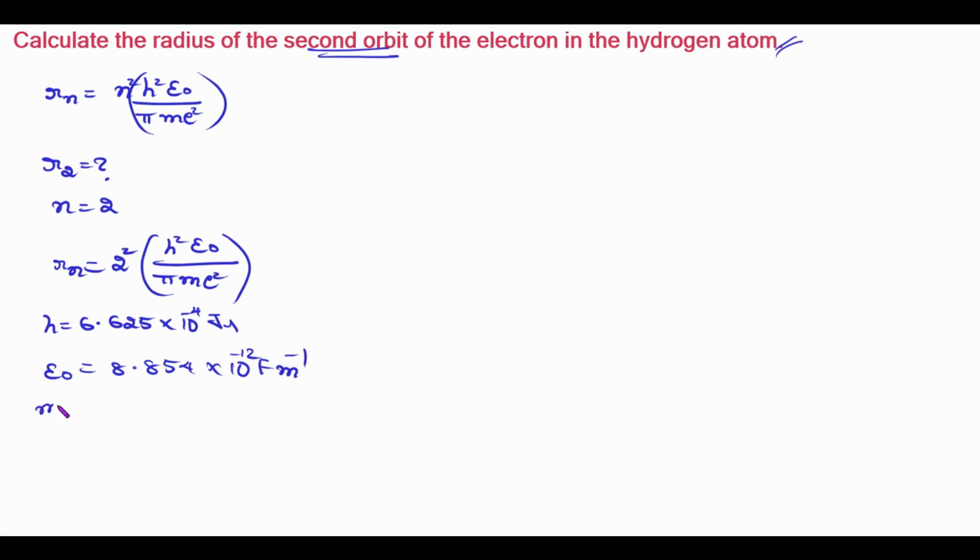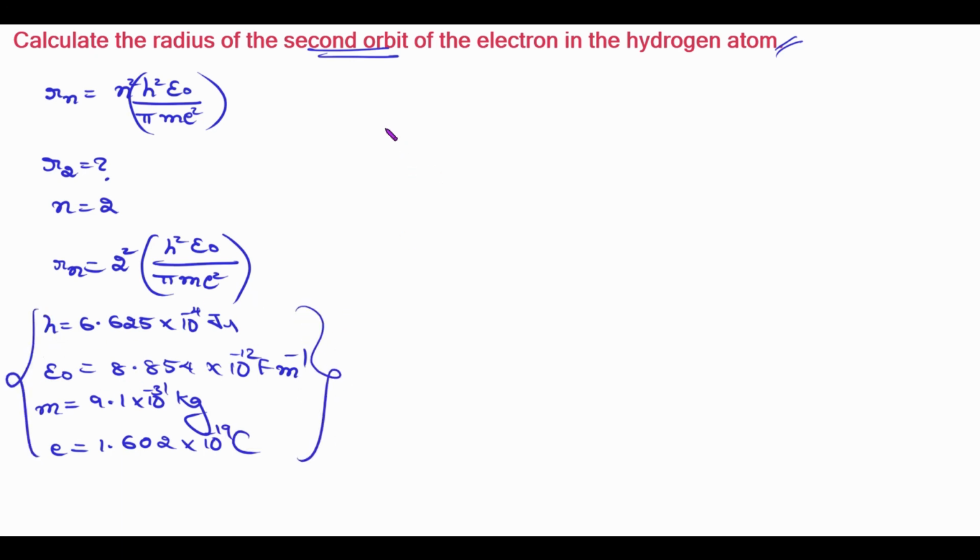Next, the value of m, which is mass, is 9.1 into 10 to the power of minus 31 kg, and the charge on an electron is 1.602 into 10 to the power of minus 19 coulomb. These values will not be given. You need to remember these values for easy solving of the numerical.